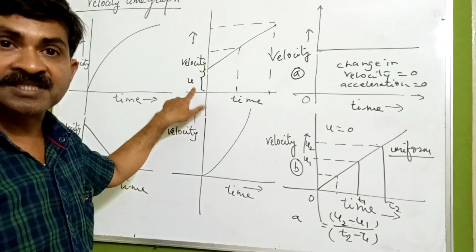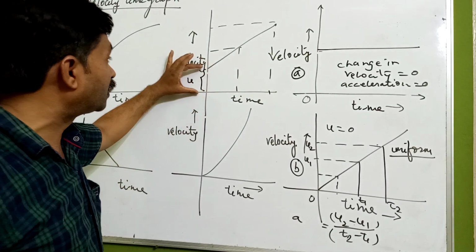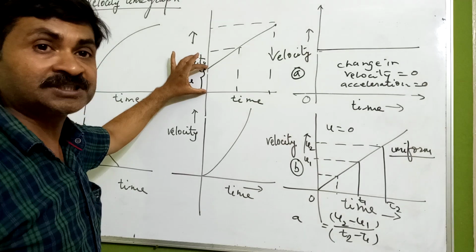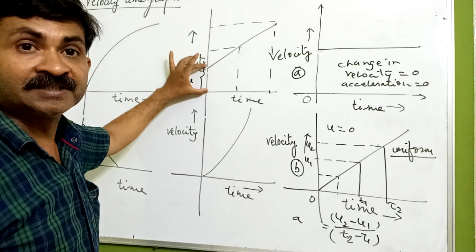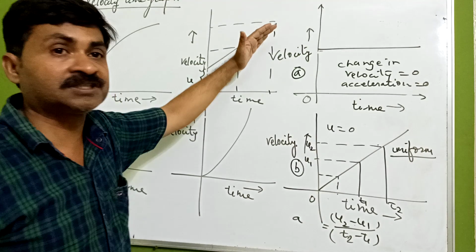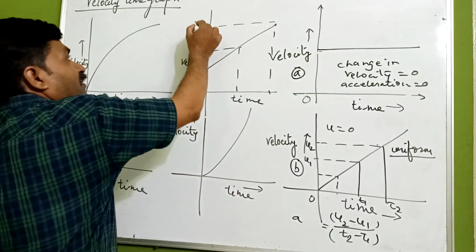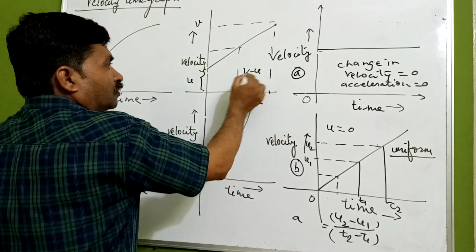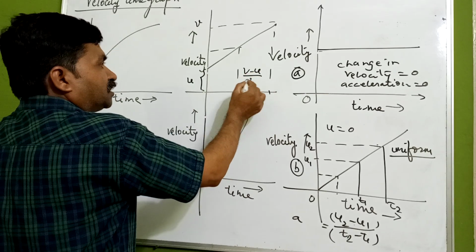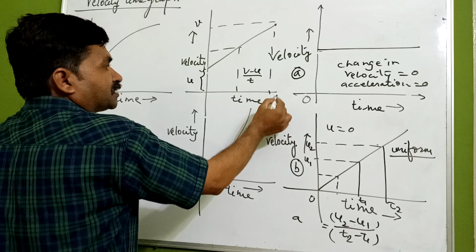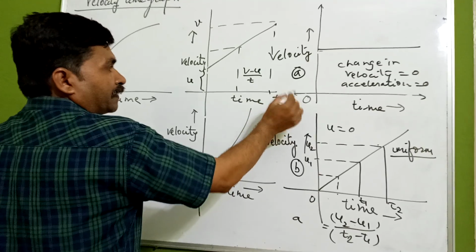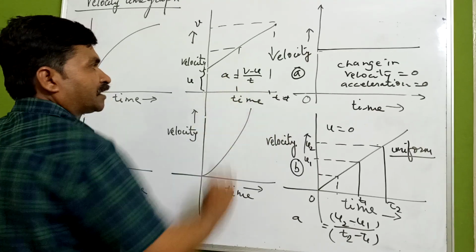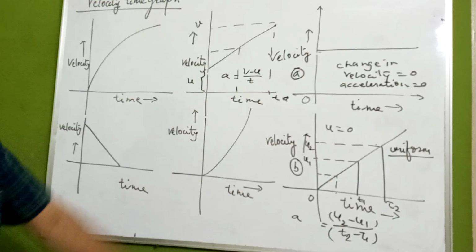The object was at some initial velocity. So we can say v minus u upon t, assuming time equal to t. So it is going to be acceleration again.